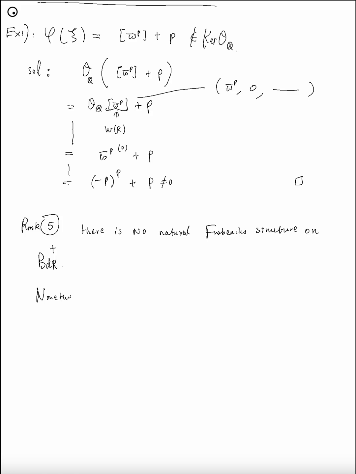Nonetheless, we do have a filtration with powers of the maximal ideal.